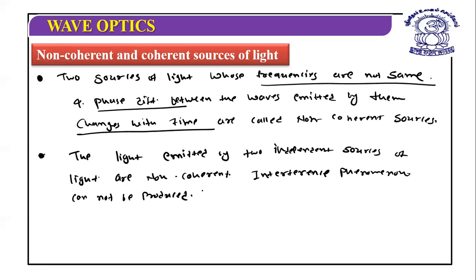Here, if the sources are non-coherent, their frequencies are not same, and the phase difference is also not constant, so the interference cannot be created. The examples of such sources are candles, bulbs, etc. These are the independent sources of light, and due to their combined effect, interference cannot be created.